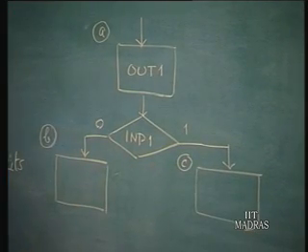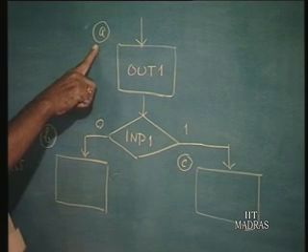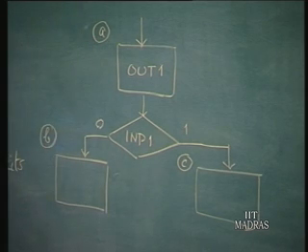The other state, or we may call it the next state, as B, or the other one as C. What we say is, for the present state A, the machine, what we are talking about is a state machine.